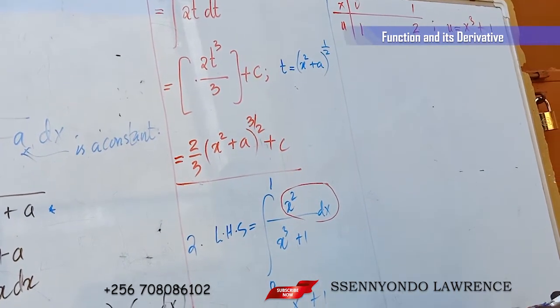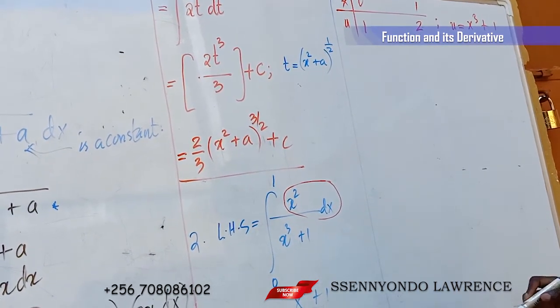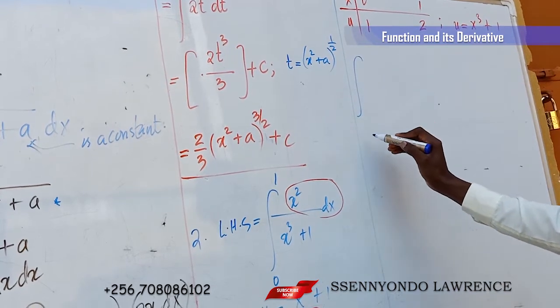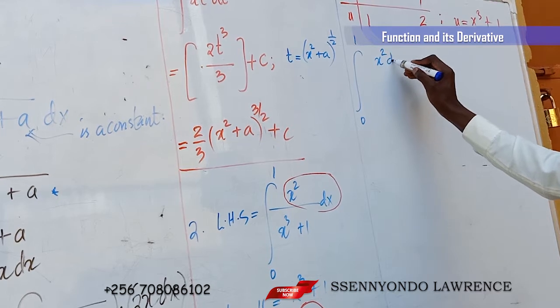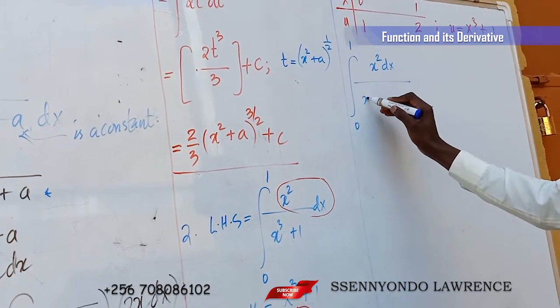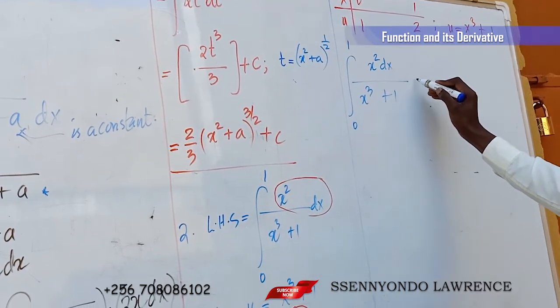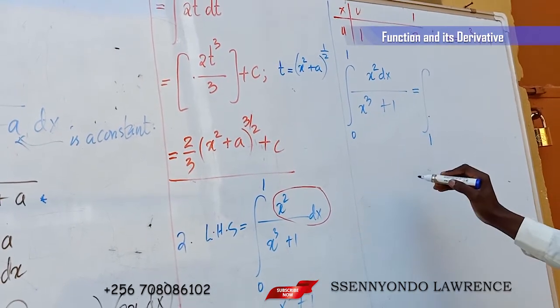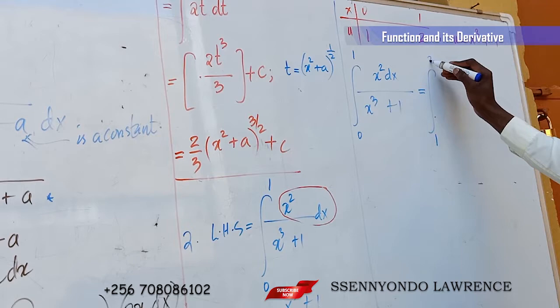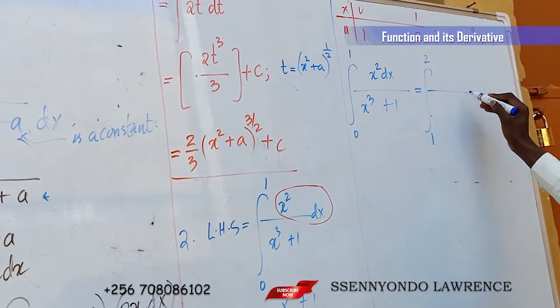So our original integral, which was from 0 to 1 of x squared dx over x cubed plus 1, will be the integral from what has been 0 is now 1, what is 1 is 2.